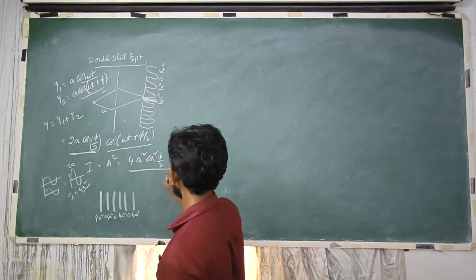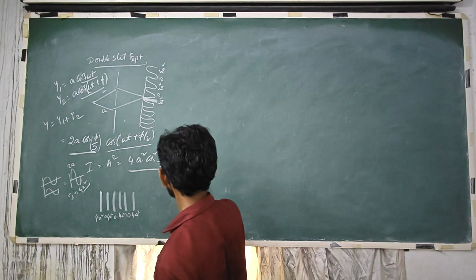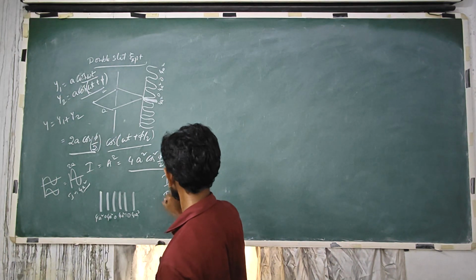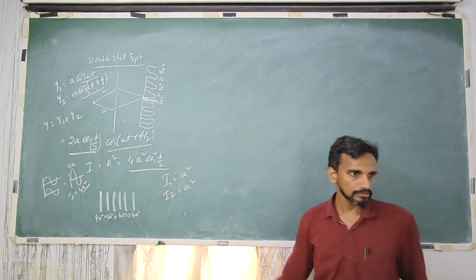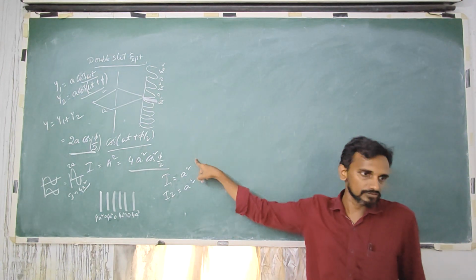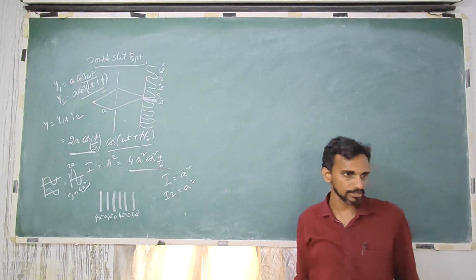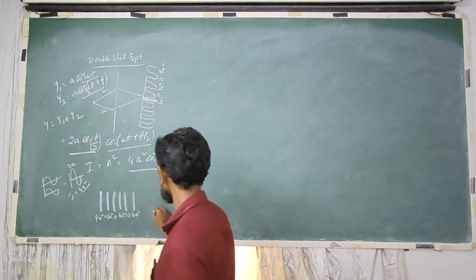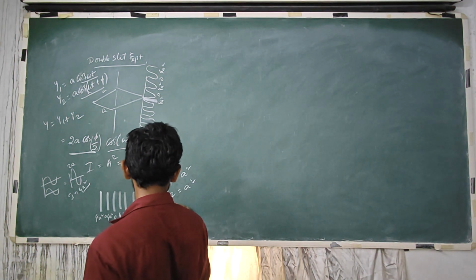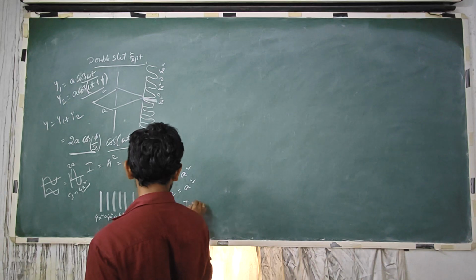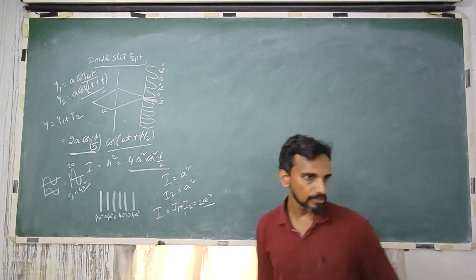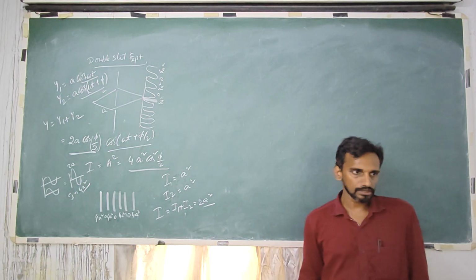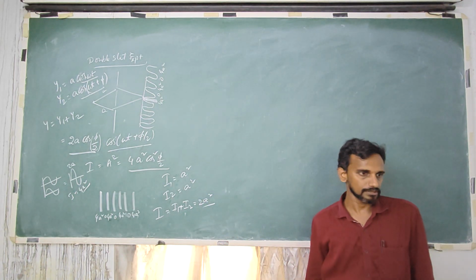So let's say I1 is A square and I2 is A square: the intensity of the first wave is A square, the intensity of the second wave is A square. If you add both of them, the resultant intensity is 2A square. You should get 2A square if you just add the intensities.